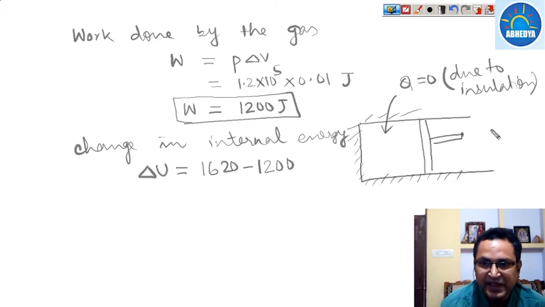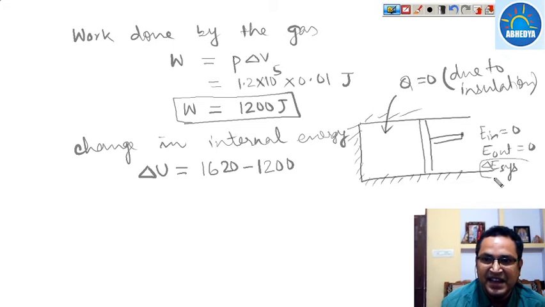Okay, here E in is equal to 0 and E out is equal to 0. Only delta E system is there. And this delta E system will be 0, that is change in internal energy means initial and final will be same.